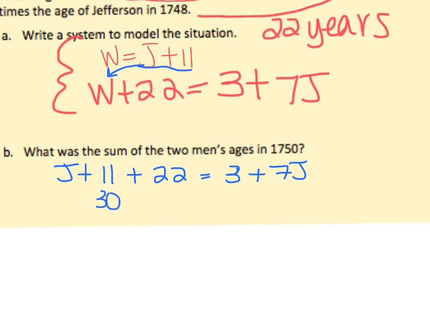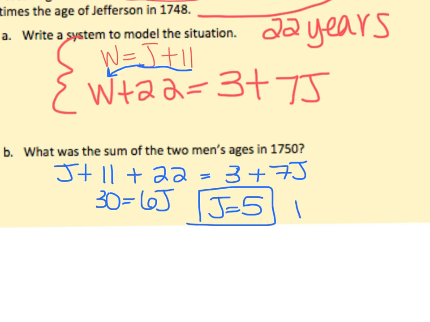So 30 equals 6J. So then J will equal 5. J will equal 5, and then I'm going to substitute that in to find out Washington. So Washington will equal 16.